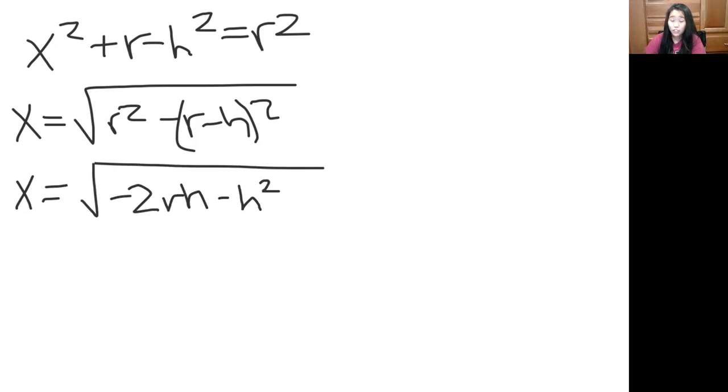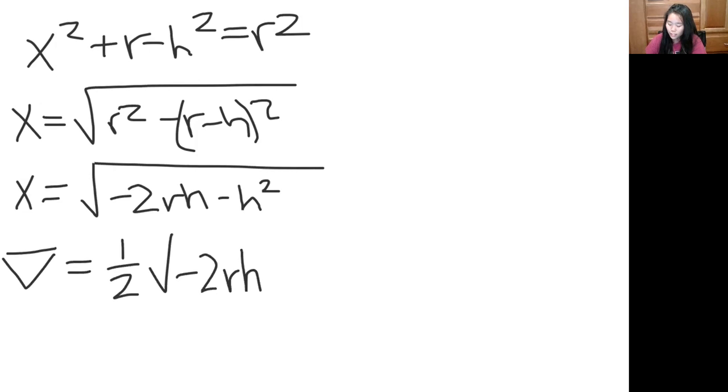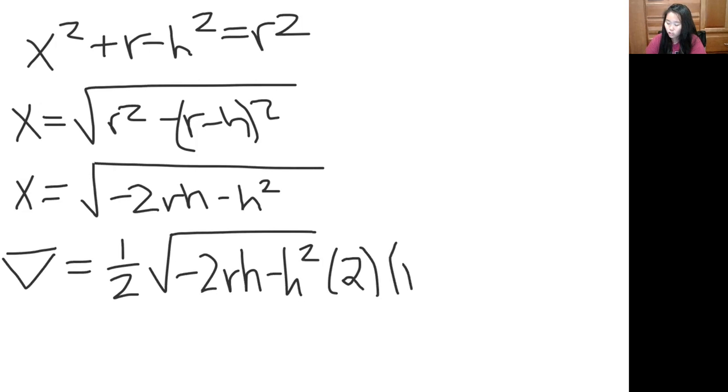Plugging this new equation into the area of the triangle equation, we get that the triangle is equal to 1/2 times the square root of negative 2rh minus h squared, and all this is going to be multiplied by 2, since we have two triangles and we want the area of the entire triangle, and this is also going to be multiplied by r minus h because that's the height.